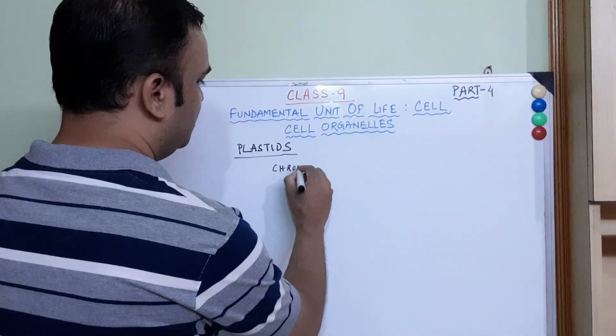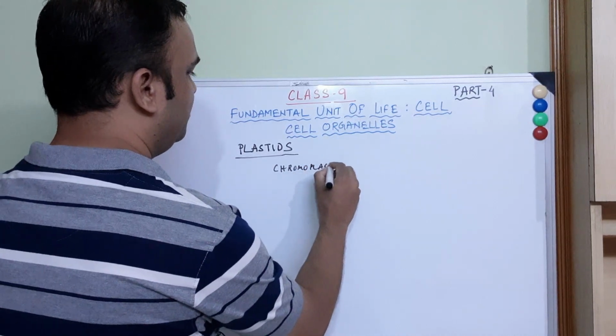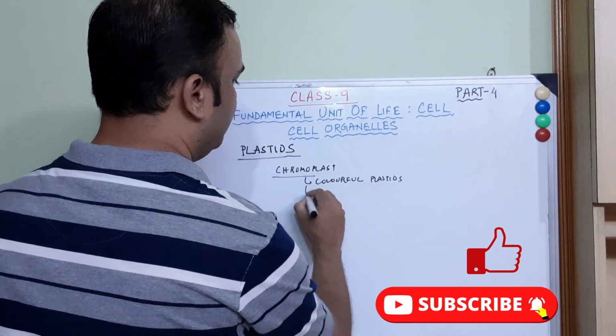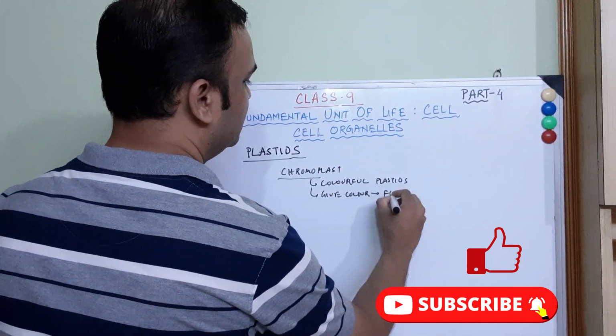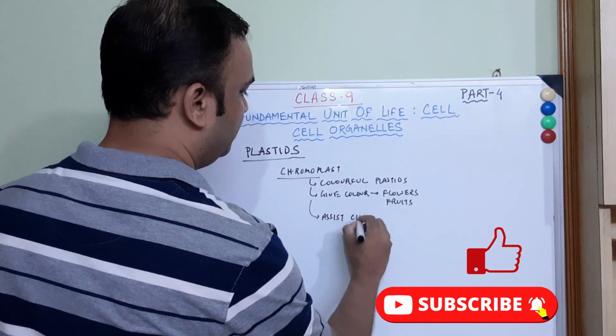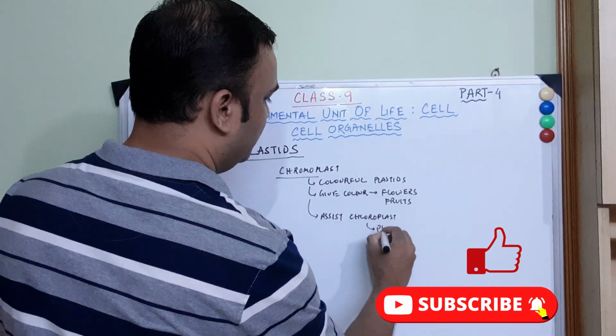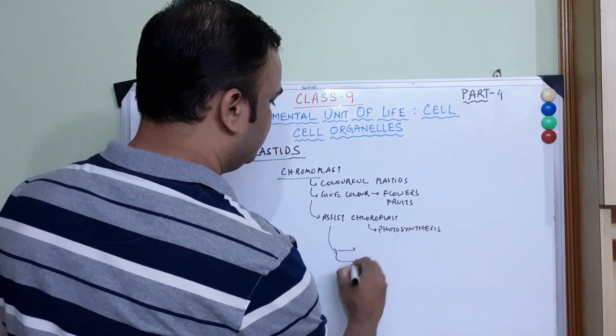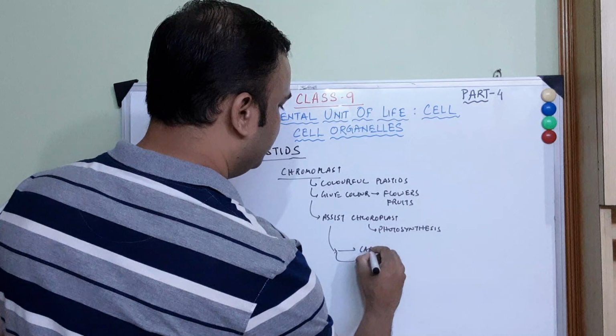When we talk about chromoplast, as I have told you, chroma means colorful. So these are colorful plastids which give colors to the flowers and fruits. They assist the chloroplast in performing photosynthesis because they have particular pigments which help them.